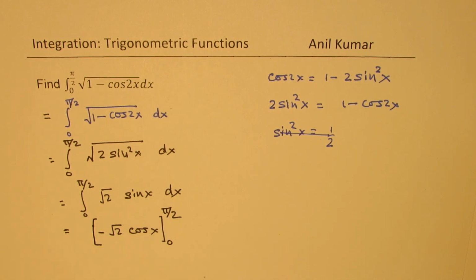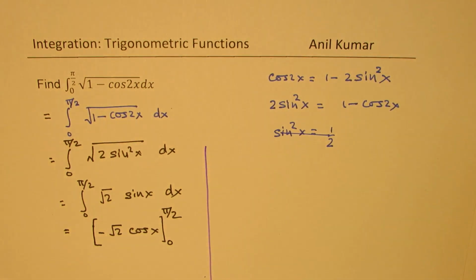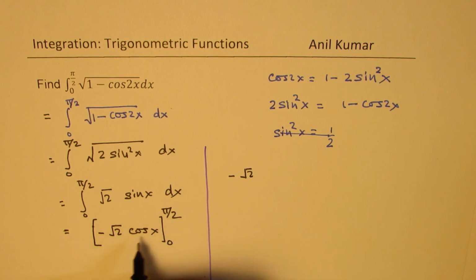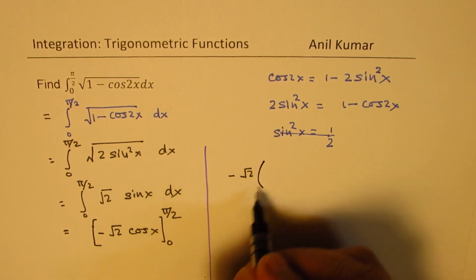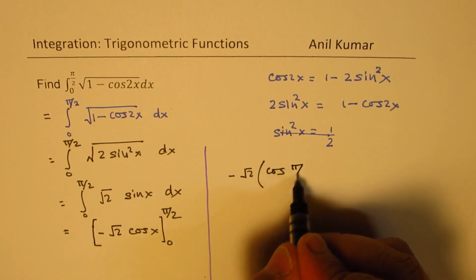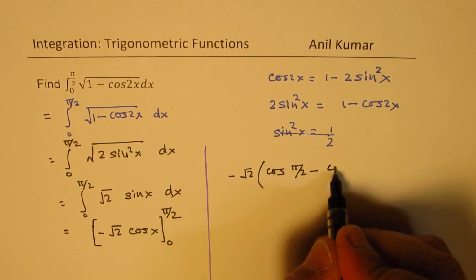So now let's calculate the answer. Since minus square root 2 is independent of pi by 2 and 0, we'll write this as minus square root of 2 times cos of pi by 2 minus cos of 0.